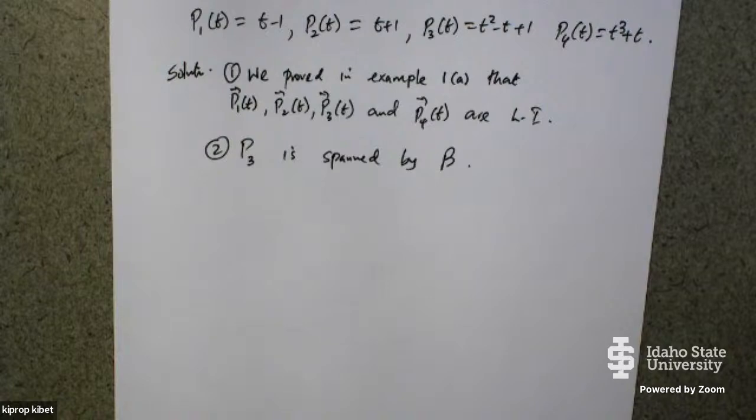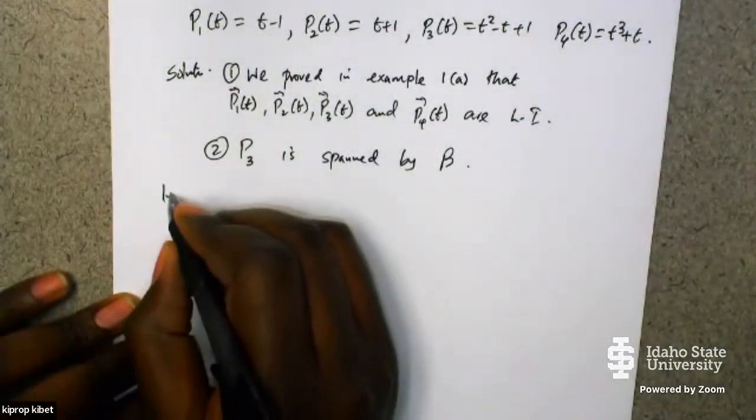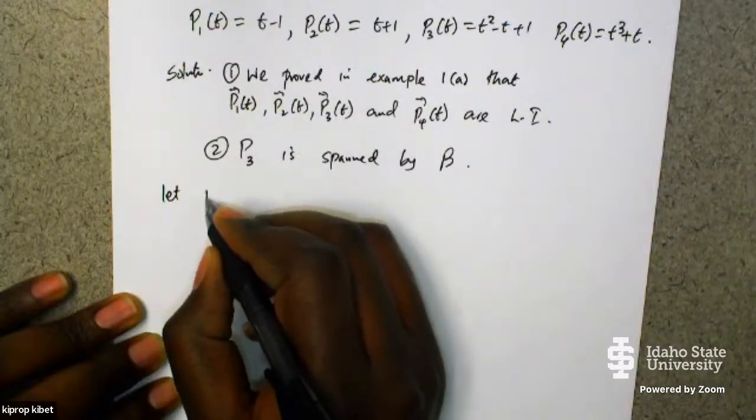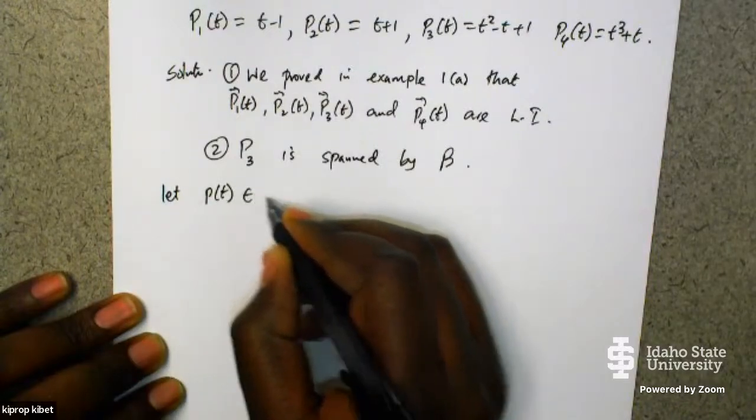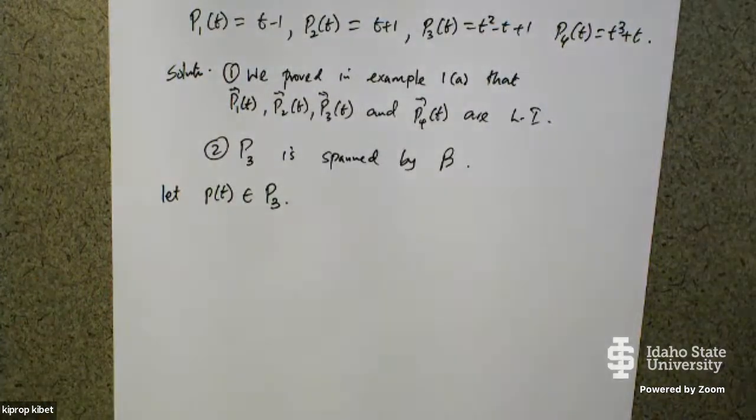So what do we do? We let P of T be an element of P3.